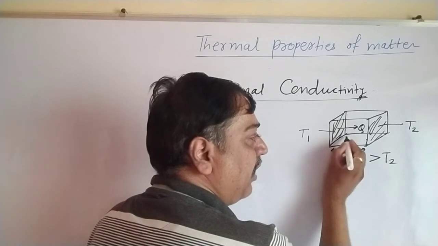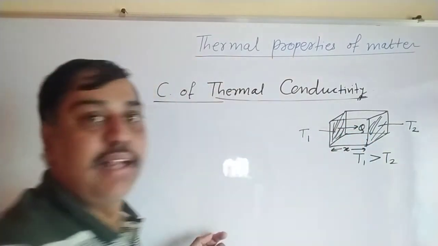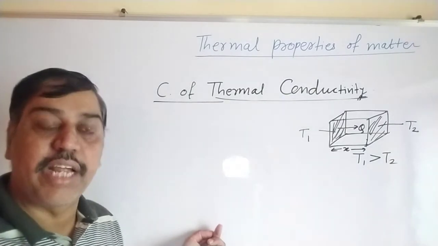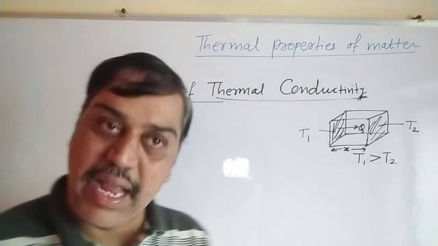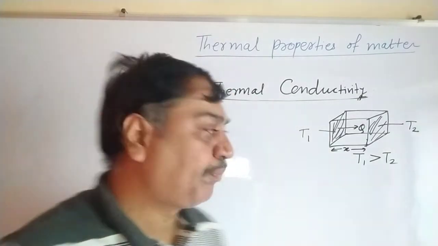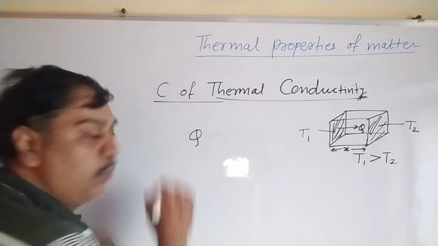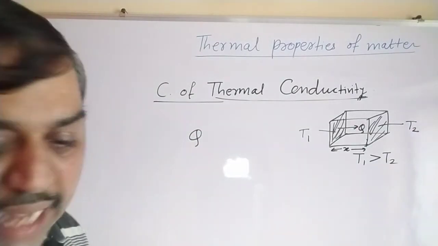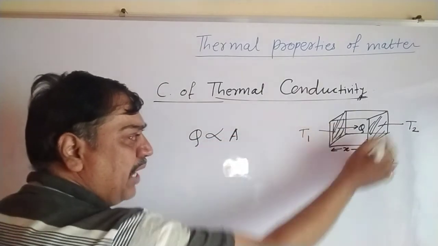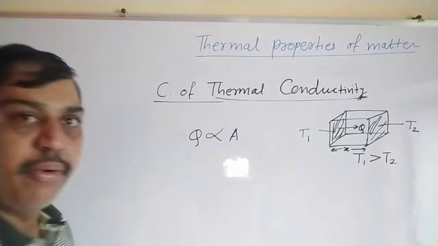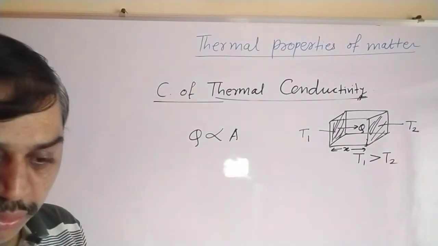Let us suppose every side of the cube is x. Width is x, height is x, and the breadth is again x. Such a cube we have taken, so all the sides are equal to x. Then the amount of heat transmitted from T1 to T2, Q, is found to be directly proportional to the area of the faces of the cube.